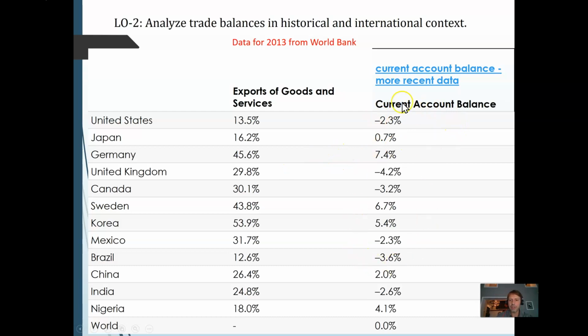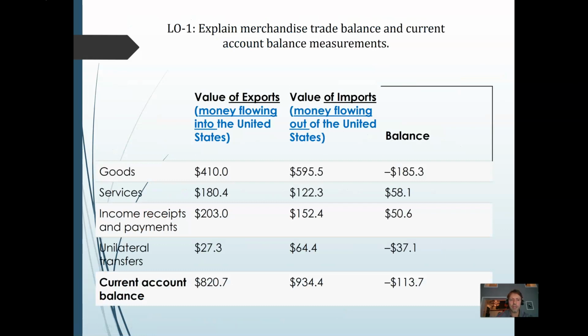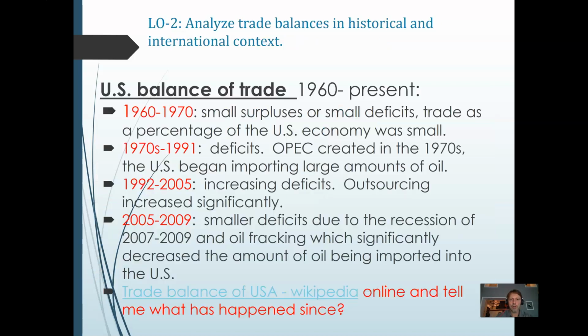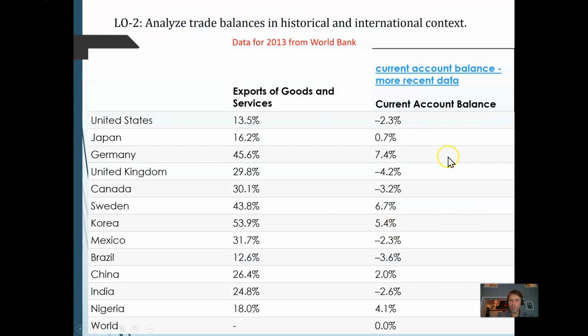And then this tells us whether your current account, remember that number back here at the very bottom that looks at goods, services, investment, and unilateral transfers, whether that's positive or negative as a percentage of the total. And so the world will always add up to zero because someone has a surplus if someone else has a deficit. And if you want to see the most current data, again, there's a nice link here to go out and do so.